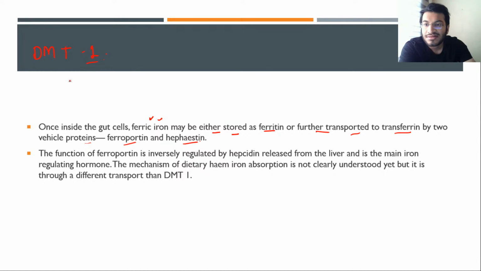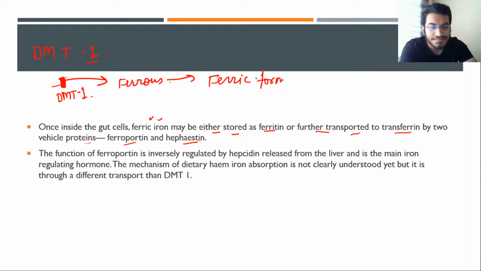So just to take entry from the DMT1, your iron must be in ferrous form, but after entering it gets converted to the ferric form, right? And this ferric form may be stored as ferritin or further transported to the transferrin by two vehicle proteins, ferroportin and hephaestin, right?